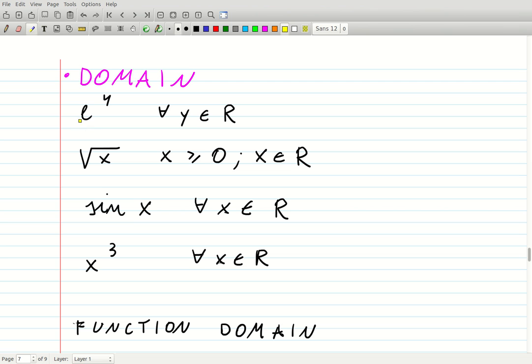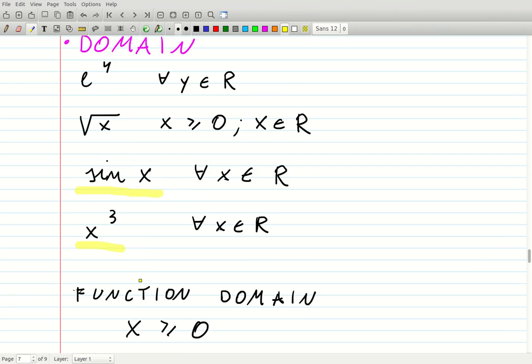Let's look at the domain. e to y is defined for every real y. Square root of x is defined only for non-negative numbers, so x will be greater than or equal to 0. In the exponent, x can be any real number. The sine is defined for every real number, and so is x to the 3.